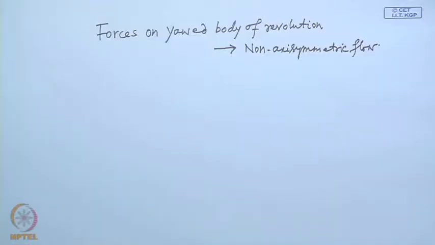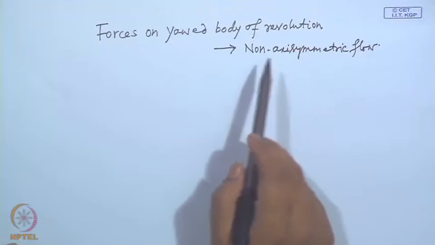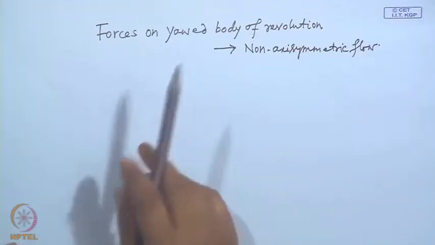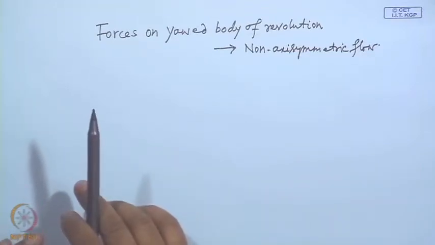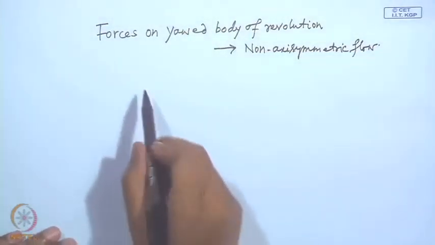Next, we will consider when the body of revolution of any arbitrary profile is in non-axisymmetric flow, or we will consider the forces that act when the body of revolution is at an angle of attack to the flow.